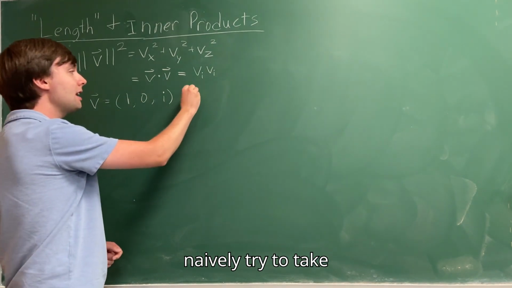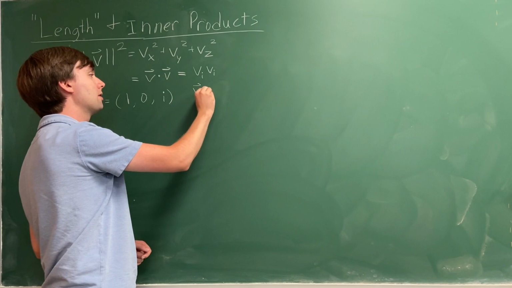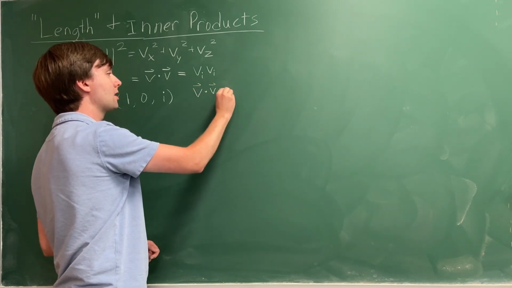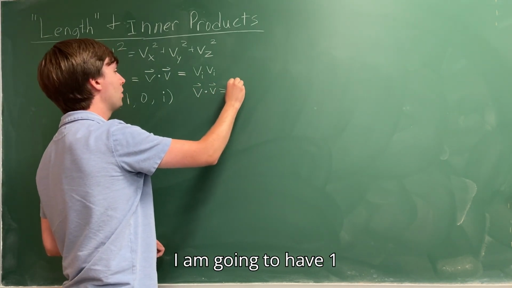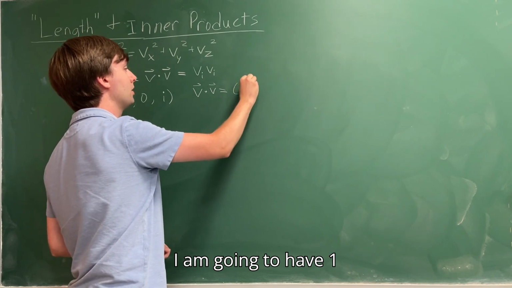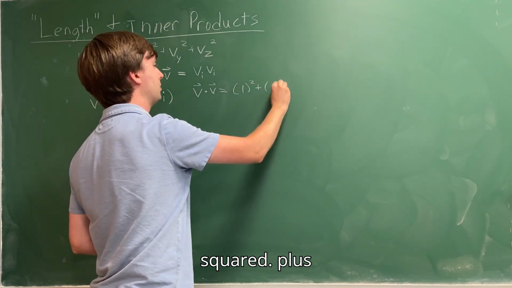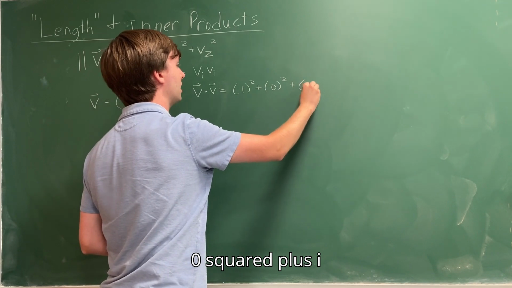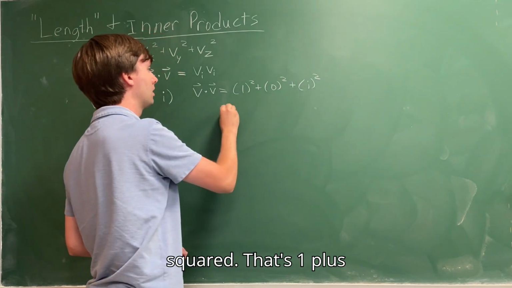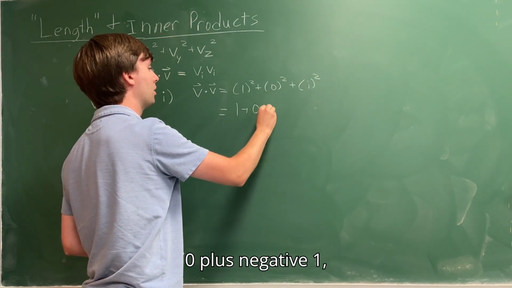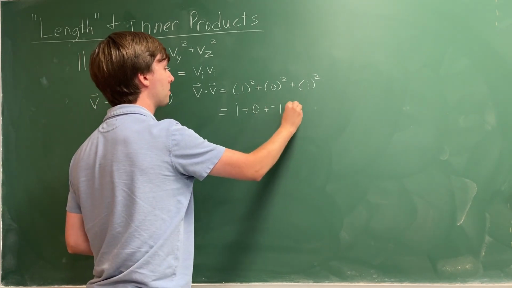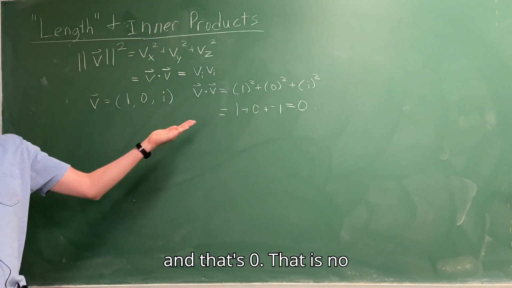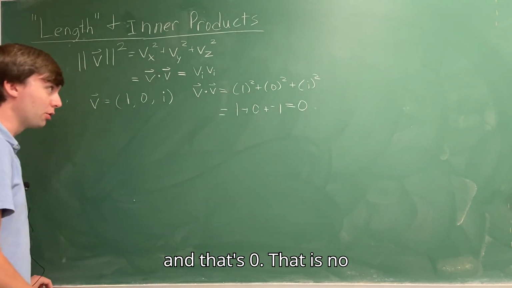So if I just naively try to take v dot v, I am going to have 1 squared plus 0 squared plus i squared. That's 1 plus 0 plus -1, and that's 0. That is no good.